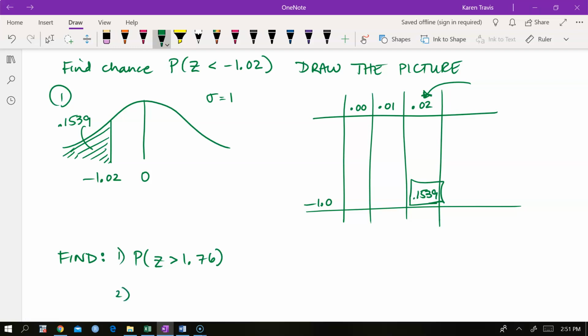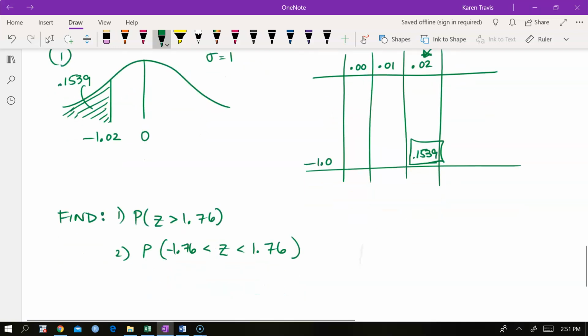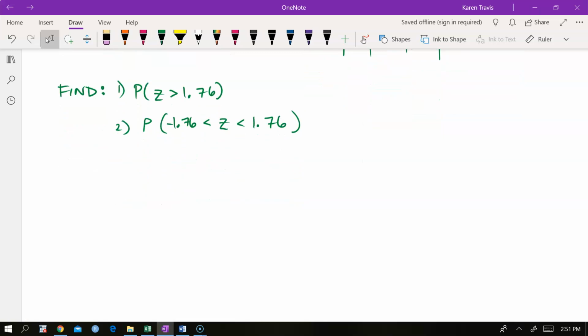And then the second one you can practice is find the chance that Z is between 1.76 and negative 1.76. And then after you've worked those out, you can just pause this and start it again. So I'll show you those now.